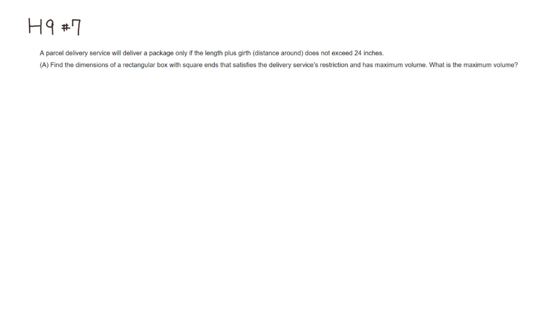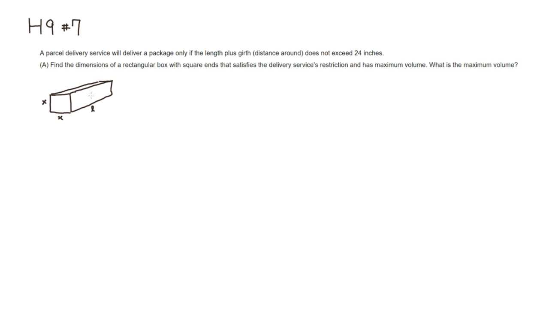Alright, so let's draw a picture. We have a box, it has a square end. So let's call this x by x, right? Then the length is L, so it's going to look kind of like this. So this length is L there.